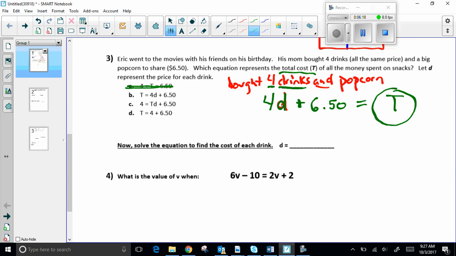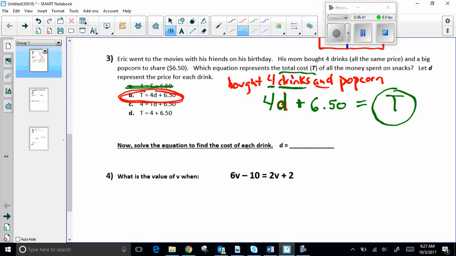What I do see is 4D plus 6.50 right here. 4D plus 6.50 is equal to T. My equation was just in the opposite order. So that's what we want. We want this equation right here.